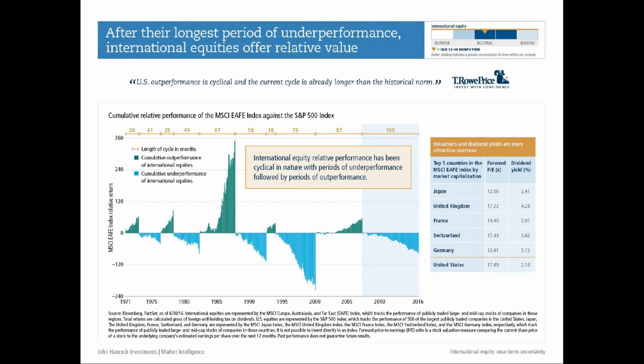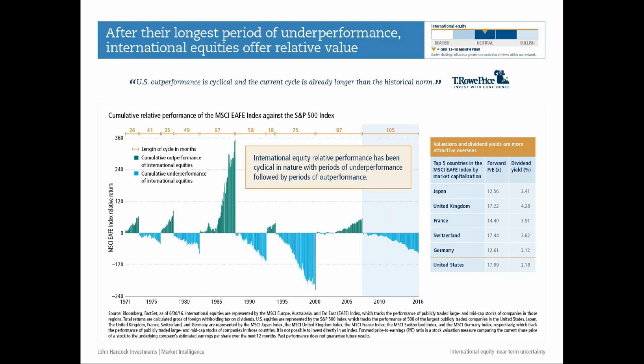And just recently, if you think about the 1990s, 1995 to 2000, the U.S. was the place to be. 75 months, it was great. International stocks massively underperformed. But at some point, there was a reversion. Then in the mid-2000s, from the end of the tech bubble to 2008, international stocks outperformed.